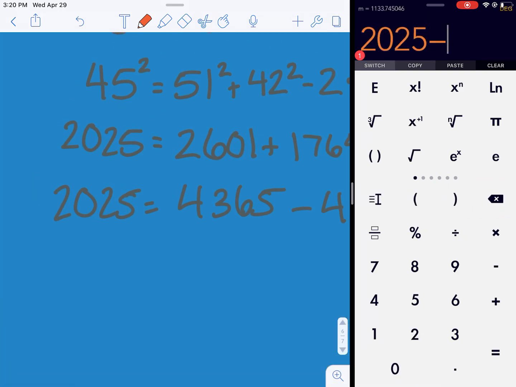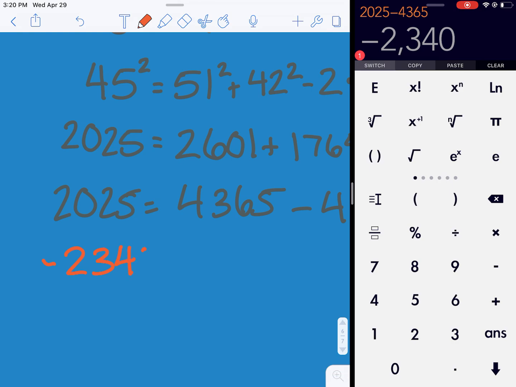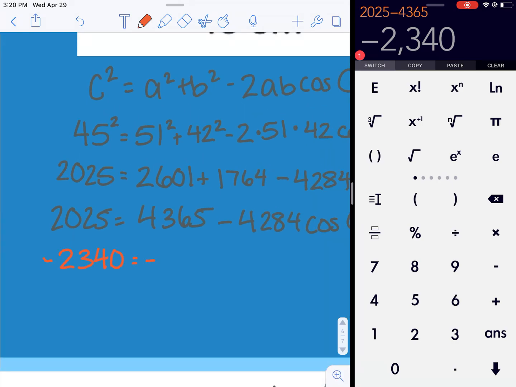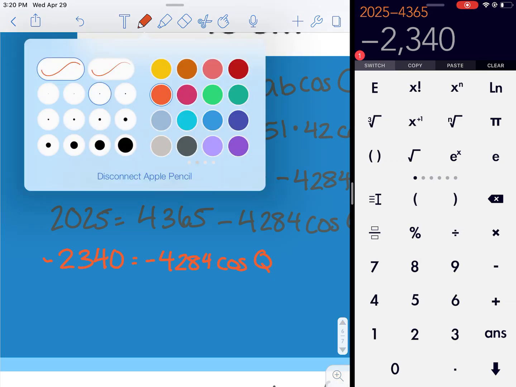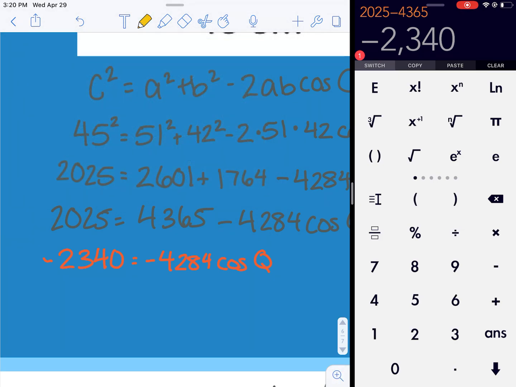So I'm doing 2025 minus 4,365, and I get negative 2,340, and some of you are really worried about that negative, and you don't need to be. My next step then is going to be to divide both sides by negative 4,284.